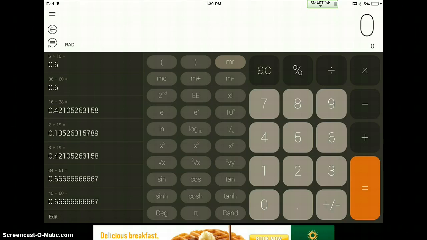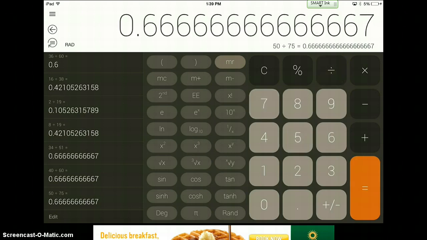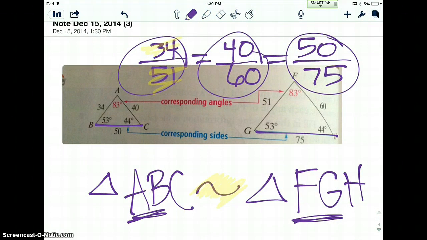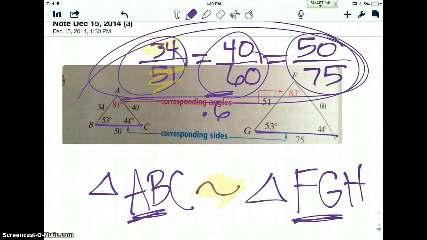And then the last ratio we had was 50 over 75, which is 0.6 repeating. So they all are equivalent to 0.6 repeating. These all are proportional to each other. They're all equivalent ratios. So we can say that these 2 triangles are similar.